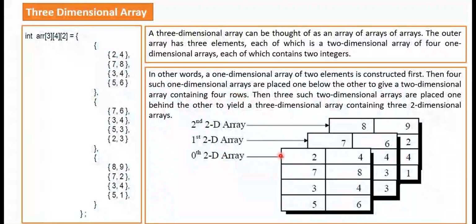Then 3 such 2-dimensional arrays, that is this page and beyond it, are placed one behind the other to yield a 3-dimensional array. So I hope the concept is clear. If it is not clear, don't worry, it is used very rarely. In the next session we are going to implement an example that will demonstrate the use case of these arrays. So that's all for this session.